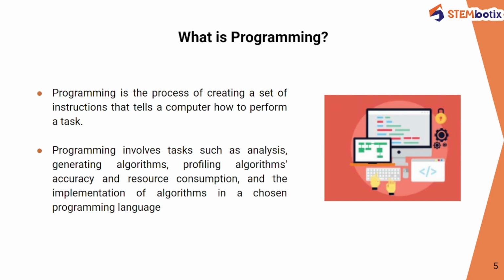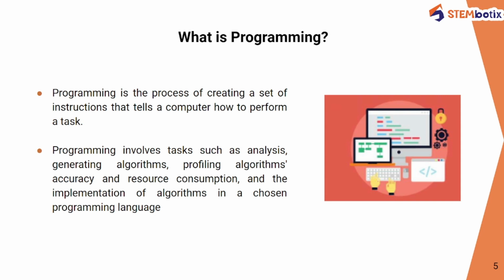The choice of language depends on the task at hand, as different languages excel in different domains. Another key point is syntax. Each programming language has its own syntax, which is a set of rules that dictates how code should be structured. Proper syntax is crucial, as even small errors can lead to code not working properly.